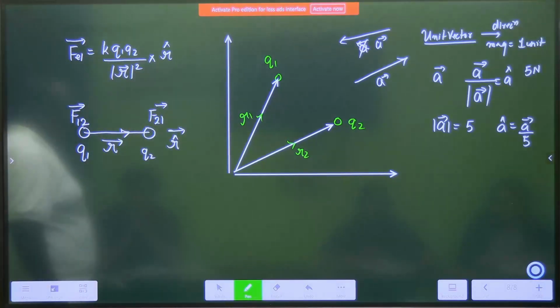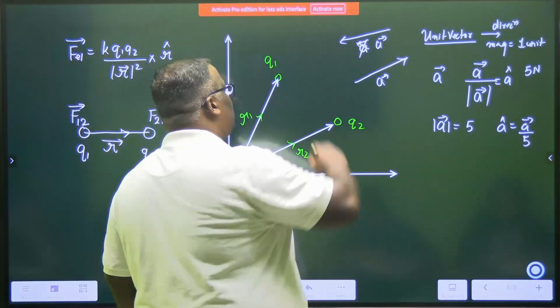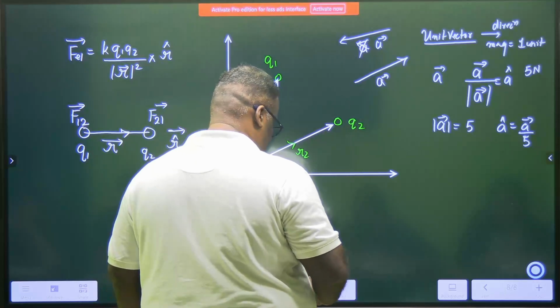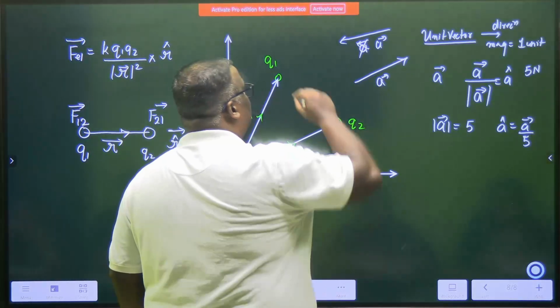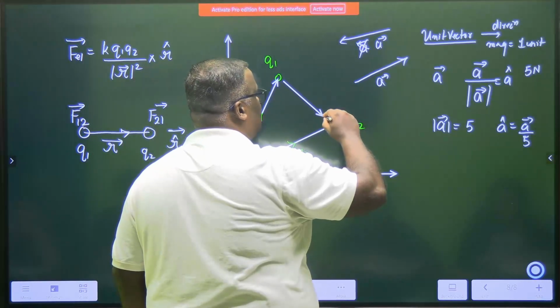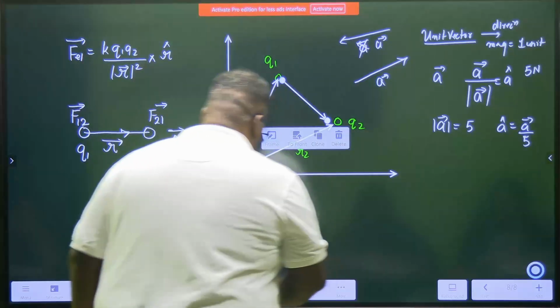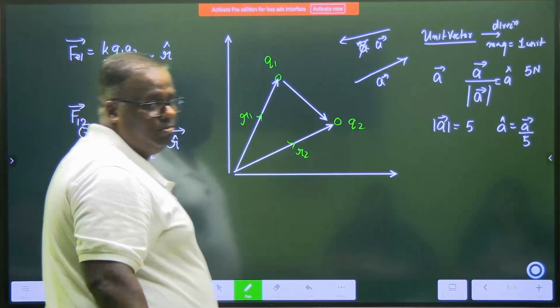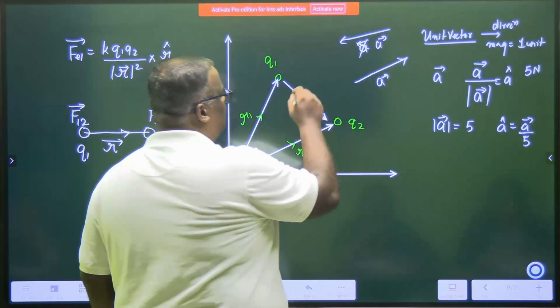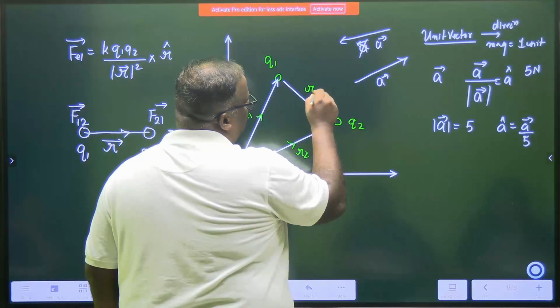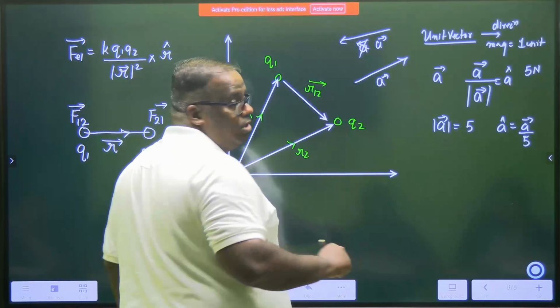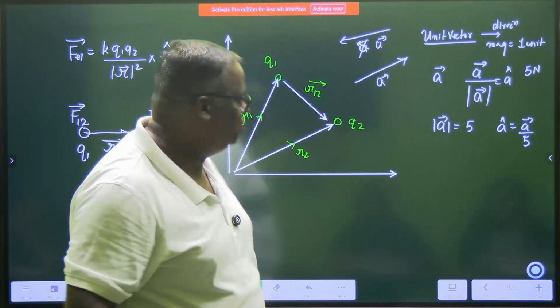Clear? Okay. And then I should also include the displacement vector. Tell me, children, from where to where are you coming? 1 to 2 you are coming. So this is my displacement vector r12.